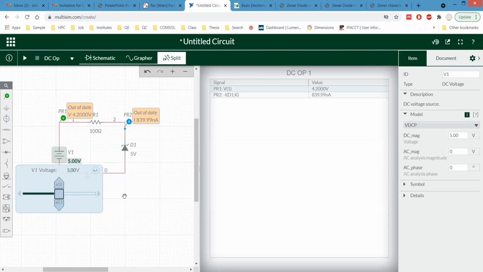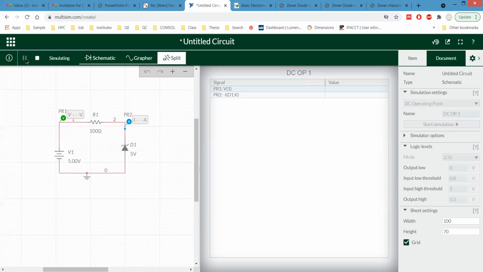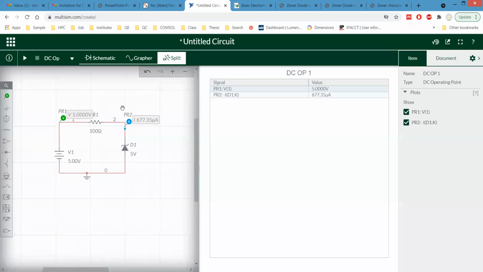Saurabh, you are noting? Yes, sir. I'm noting. Good. So 5 volt, that current is in microamps. 670 microamps. Okay.